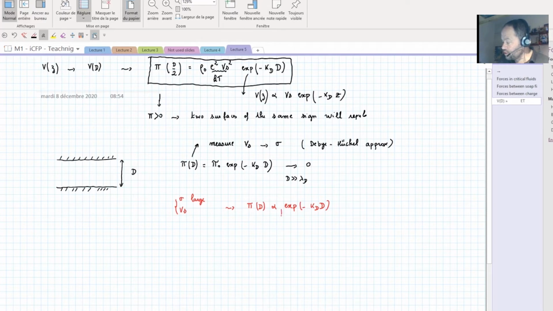But due to the kind of renormalization of the charge that we have to apply close to the surface, this will give a false surface charge, or an effective surface charge, because we have seen before that far from the surface we recover an exponential decay, but with a different prefactor, which is not simply Vs.